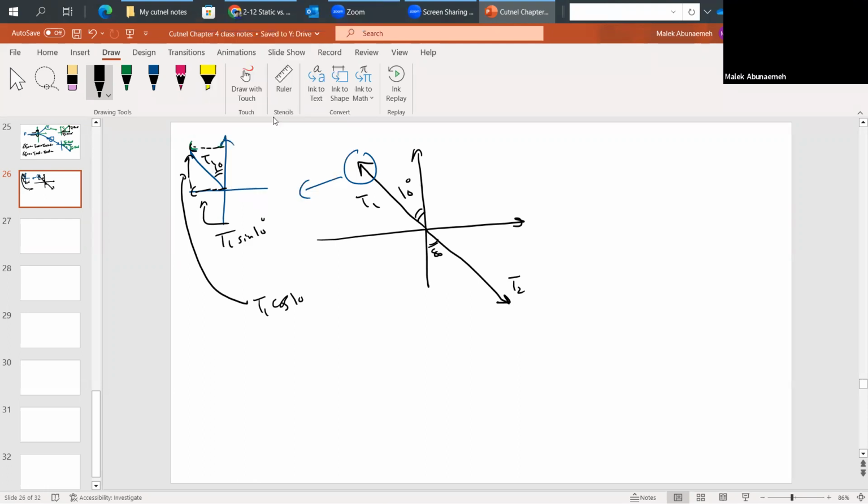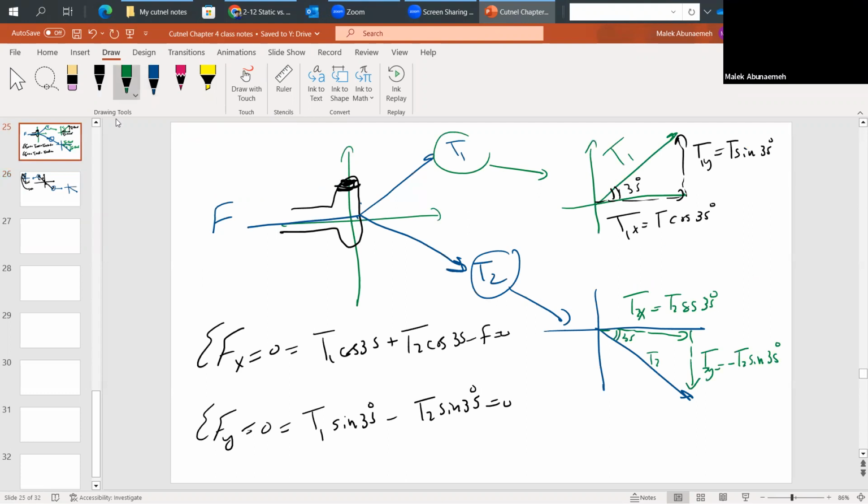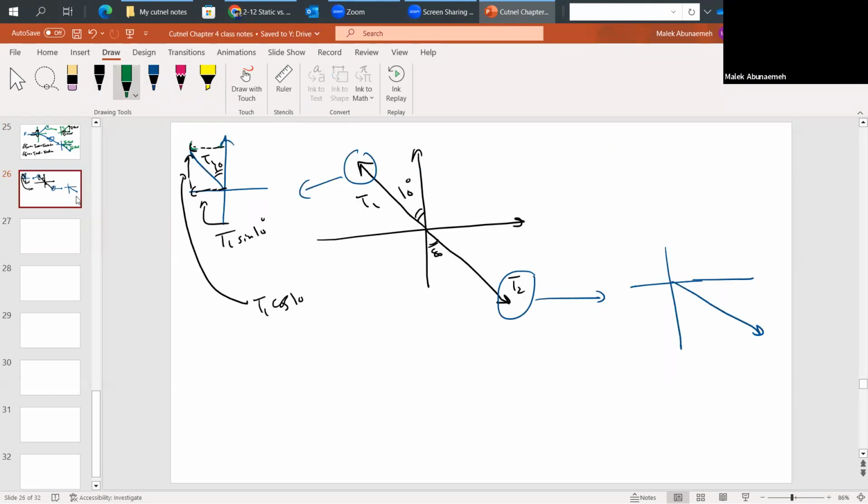And for your other point, this one over here going down, there's going to be an accumulation of your first one and your second one. So this is going to be T2 sine 80 degrees.